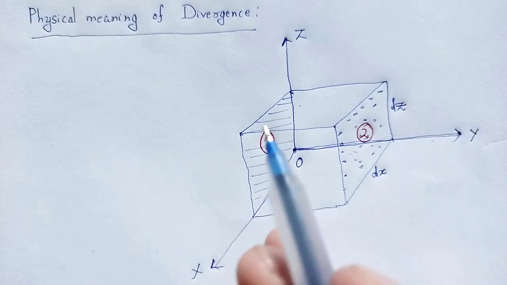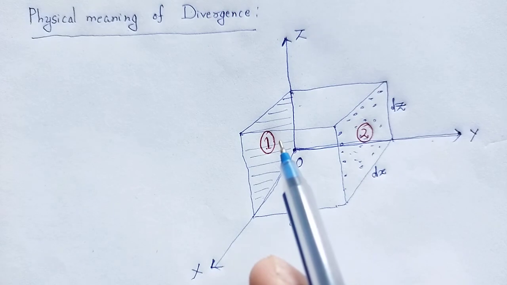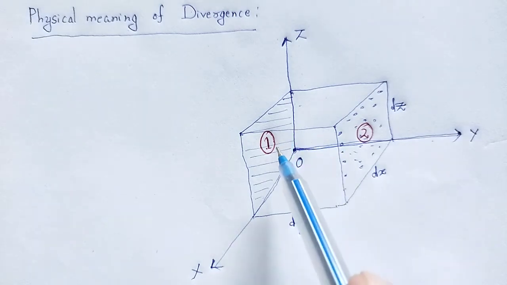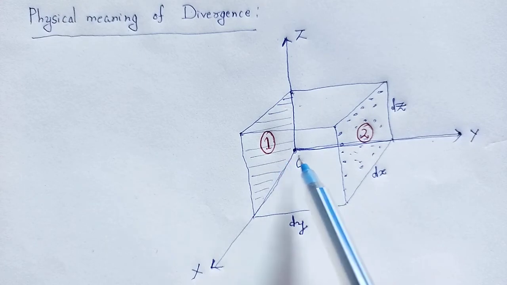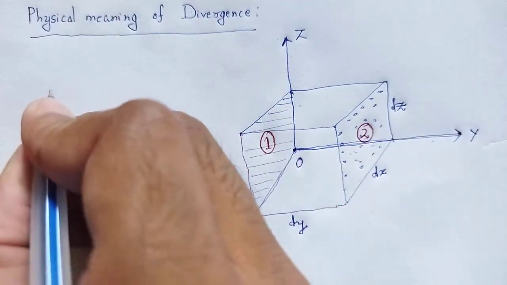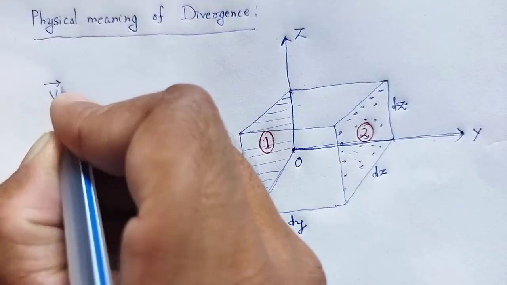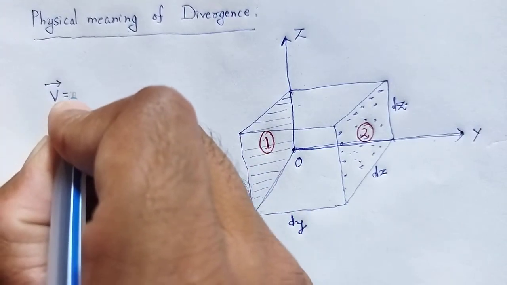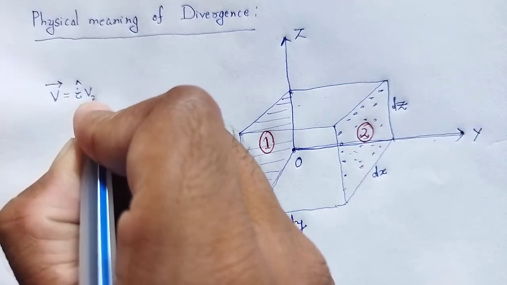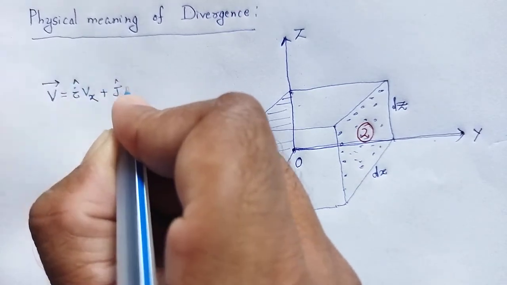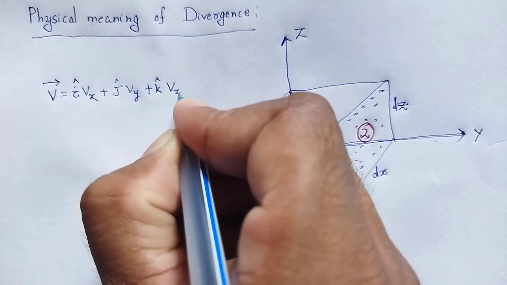We have to assume the motion of such a fluid, that the velocity of the fluid at O is given by, let that velocity be v, and it is given by i cap Vx plus j cap Vy plus k cap Vz.